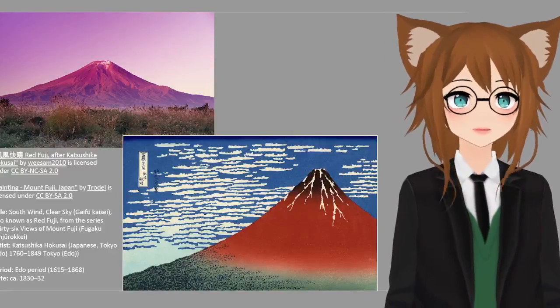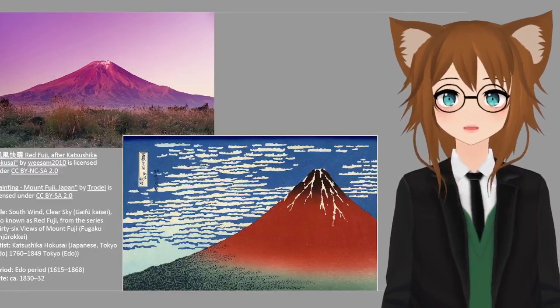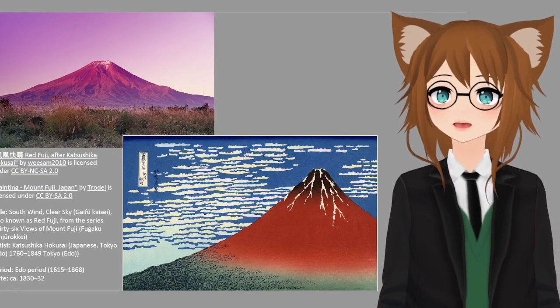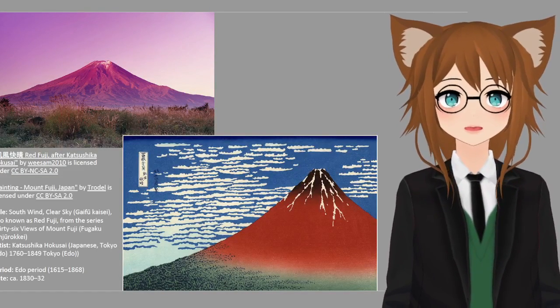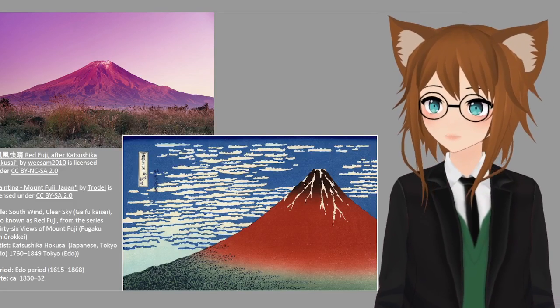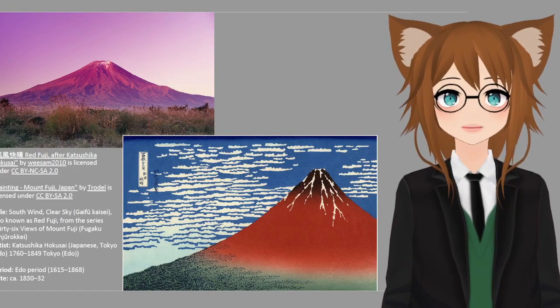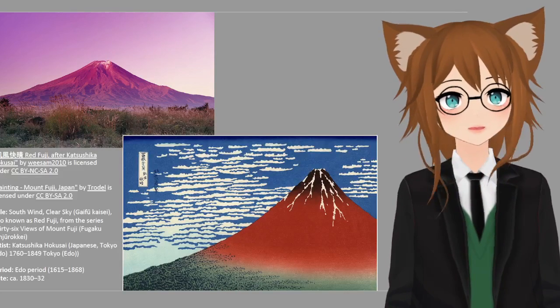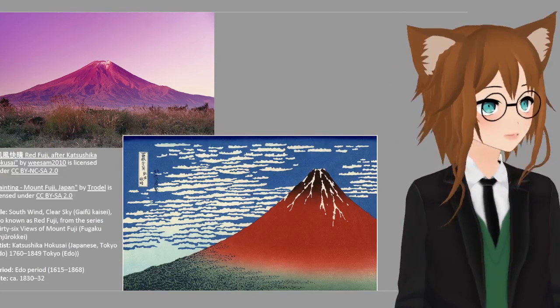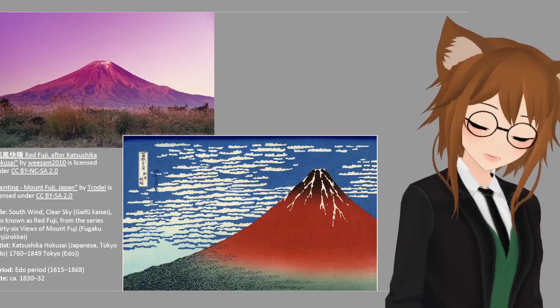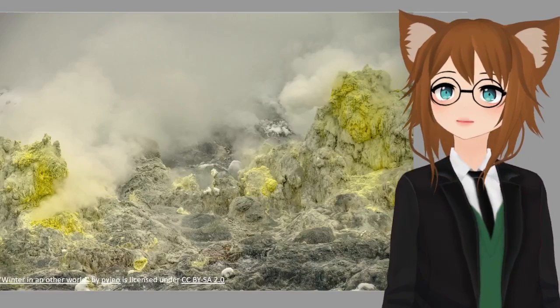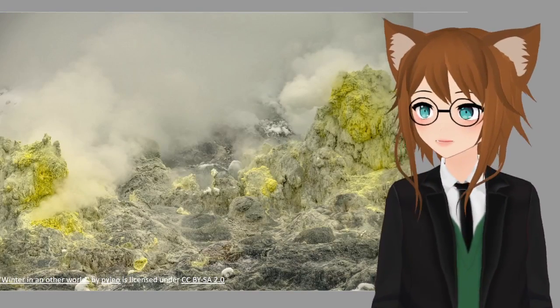So until 1872, the laws weren't changed, and women were not allowed to climb it. So that's one interesting aspect of Mount Fuji, and we'll talk more about Fuji in future meetings, because it is incredibly important to the Japanese people. All right.